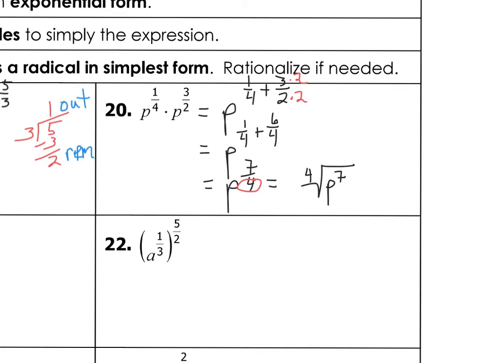So I'm going to do that off to the side. 7 divided by 4. 4 goes into 7 once with 3 remaining. So we're going to have 1 p come outside and 3 p's are going to remain. So 1 p comes out, don't forget your 4th root, and 3 p's are going to remain.